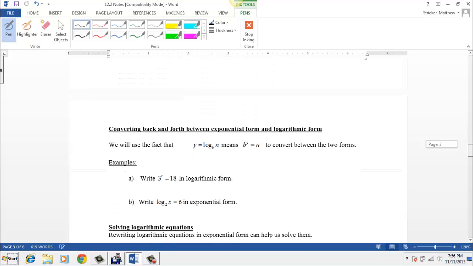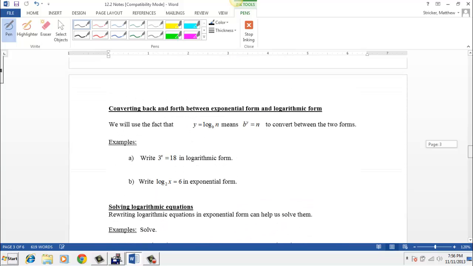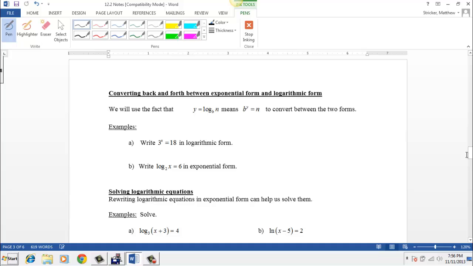Okay, so sometimes this converting between the two forms, between the exponential form and the logarithmic form, can be useful when we're trying to solve equations. And so let's do a little bit of practicing rewriting between the forms. It's not real hard to do. For example, if I wanted to write this exponential form in logarithmic form, we know it's going to be a log.